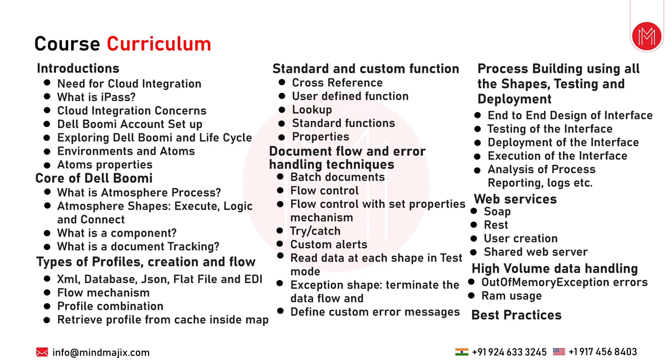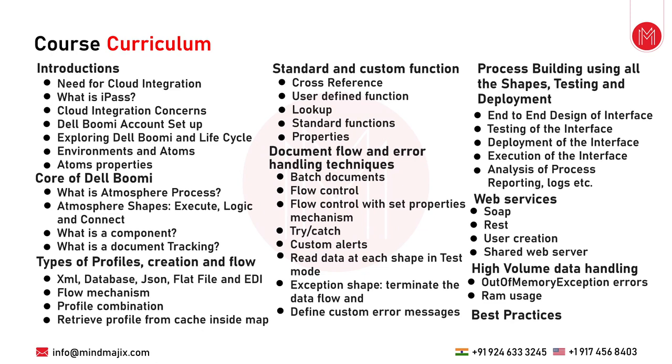While designing the interfaces, unnecessary components should not be there, because each shape in Boomi has its own turnover time along with the data. So if 1 lakh of data is there, the time taken by the shapes will add up. We use a lot of shapes in Boomi to do the transformations.